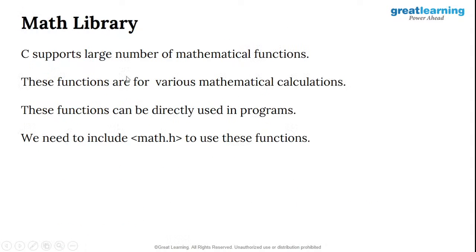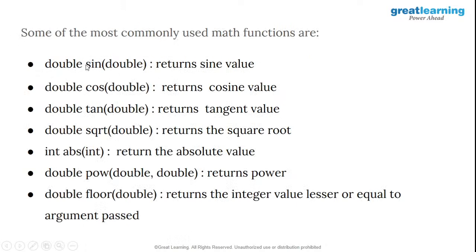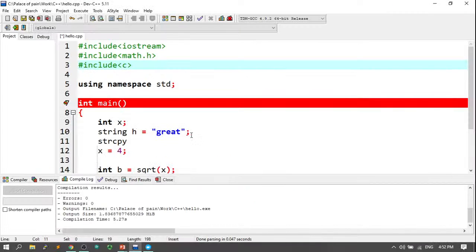All right, so there are a lot of different types of math functions that you can use. You can find sine value, cos value, tan value, absolute value, that is returning whatever is the absolute value of it, and the power. If you want to return a particular power, that is 2 raised to 4, whatever value you want for that, you can return that also. So this is how you would use it.